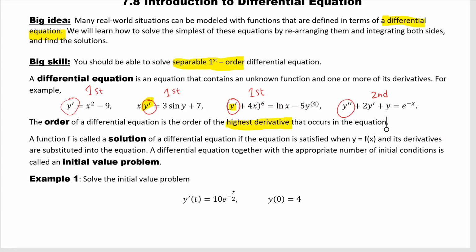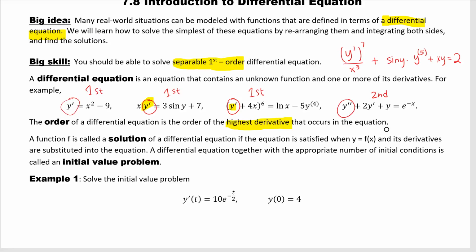Let me give you one more example. Let me put it here. If we have y prime to the 7 over x cubed plus sine y times xy equals 2, what is the order?